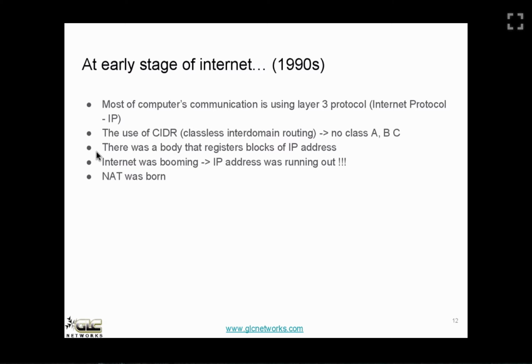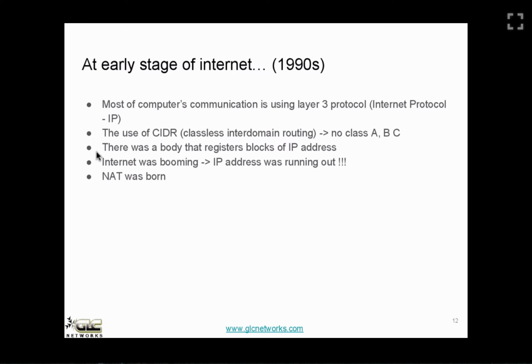If you are a university and you apply, saying I want a block of IP addresses, they say okay, here's for you, give me your documentation, make sure that you are a real organization, not a fake one, and so on and so forth. At that time it was very easy to get a block of IP addresses.